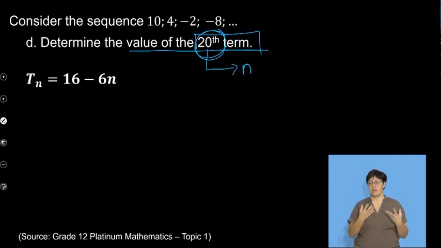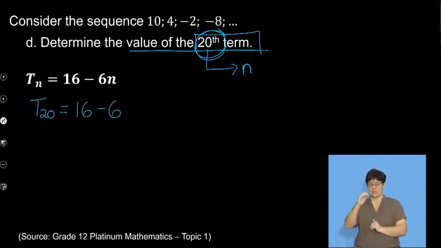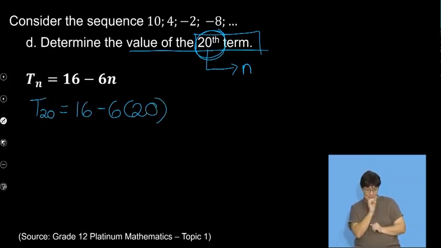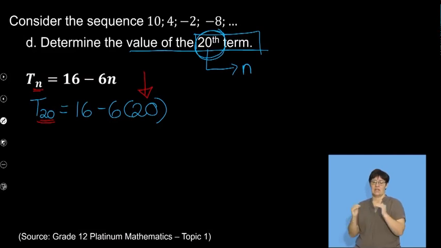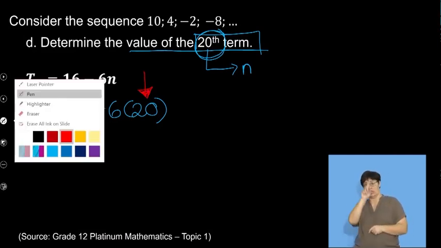So I'm going to have T20 is equal to 16 minus 6 times 20. I hope that everyone's happy with what I've done. I've used the subscript of n being 20, and I've substituted n is equal to 20 in order to find the value of the 20th term.